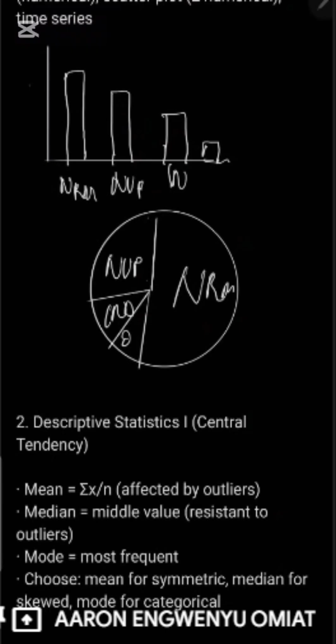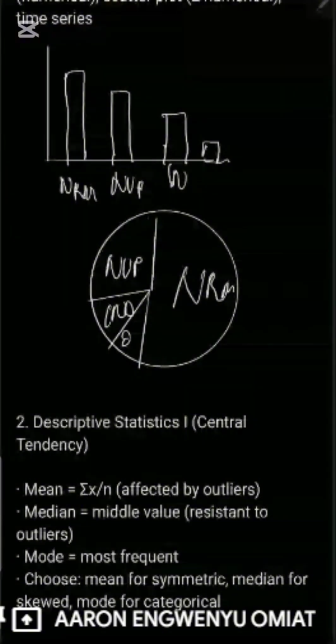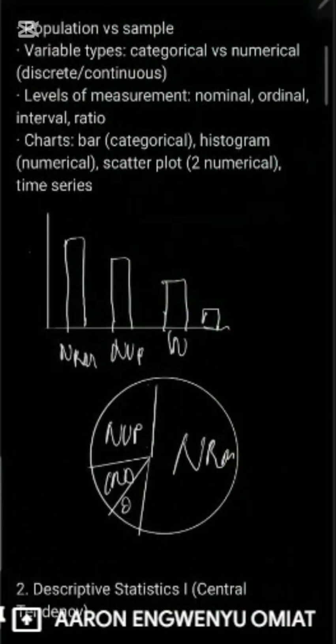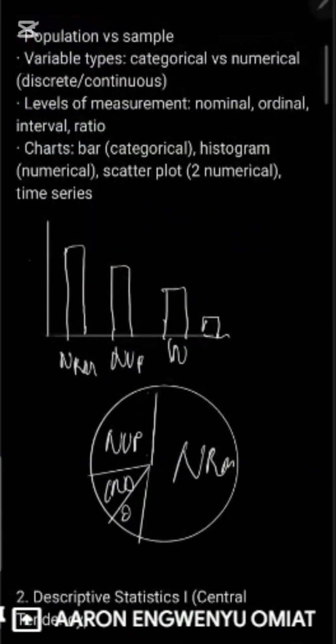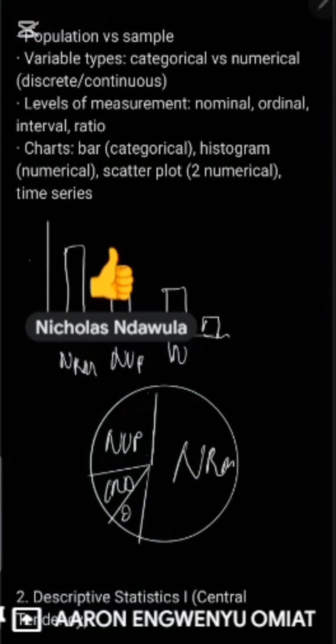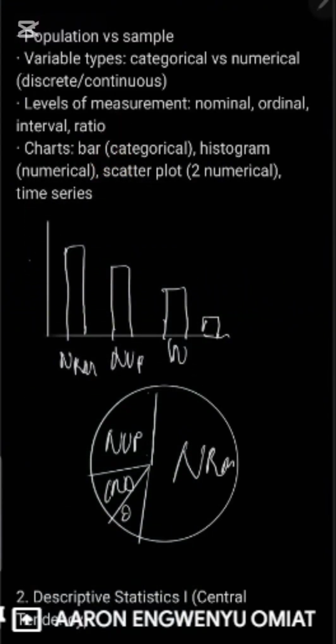So we use them in different situations. But here you can clearly see that a pie chart is better suited to represent this categorical data because you can clearly see who takes more than half and the rest. Are we together? Can I have thumbs up if you're together in the chat? Oh, nice. Let's go ahead.